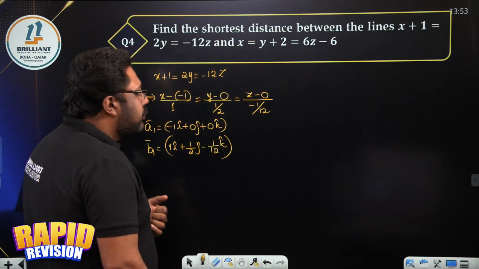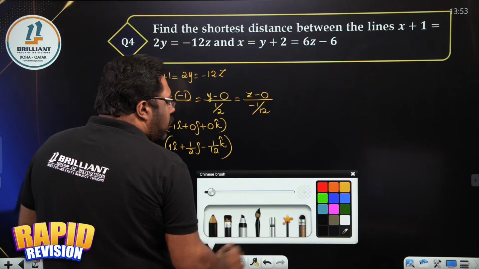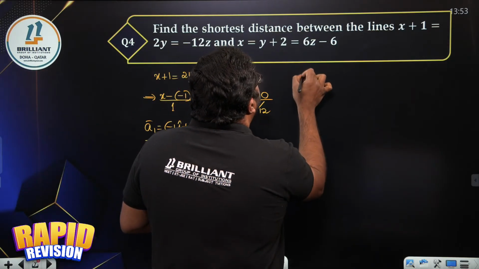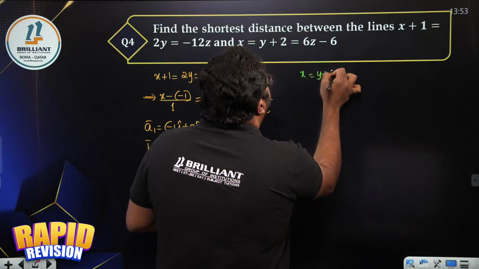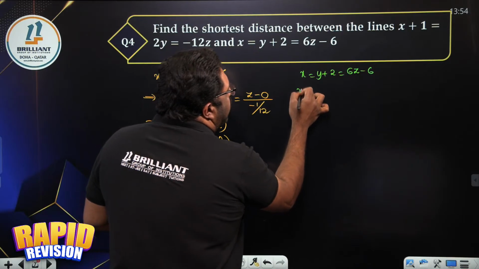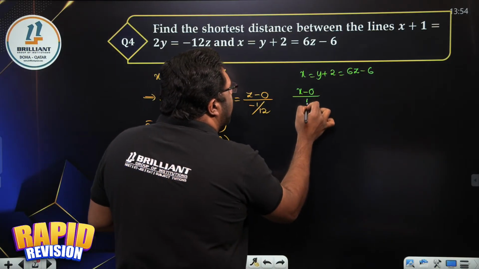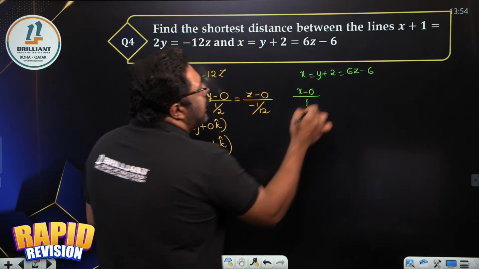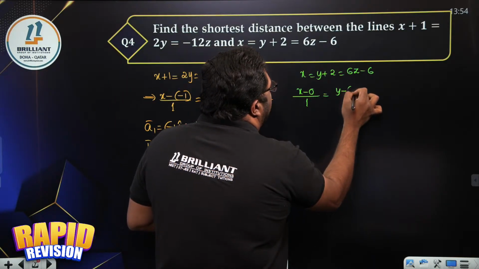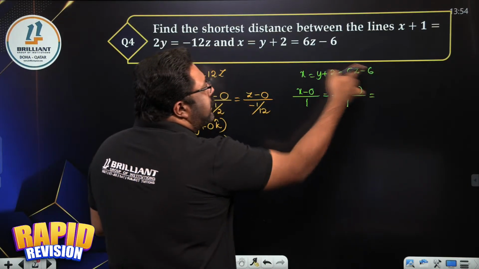Fine. Next, second equation, all of you please look at the second equation. X equals y plus 2 equals 6z minus 6. The first equation, x minus 0 by 1. There is nothing in the denominator, so it's 1. Second one, y minus 2 divided by 1. Third one, you can see 6.